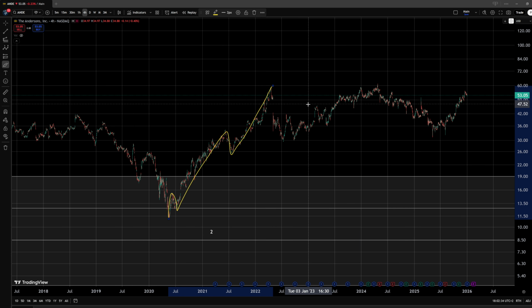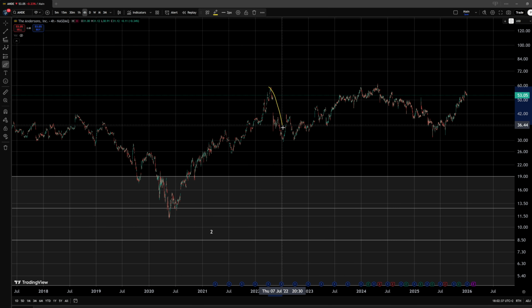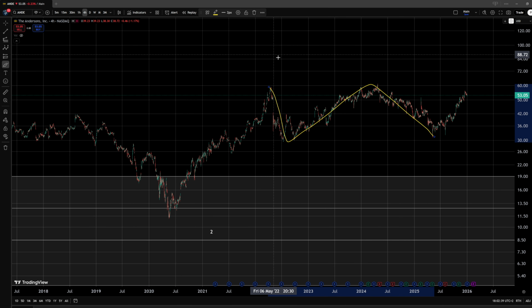This would have been the internal wave 3, and then this would be part of a running flat correction within an ABC structure.